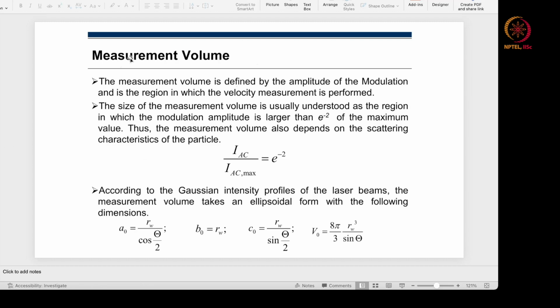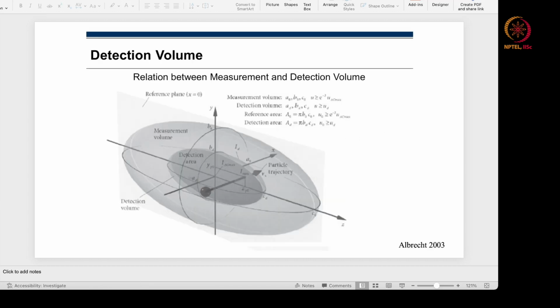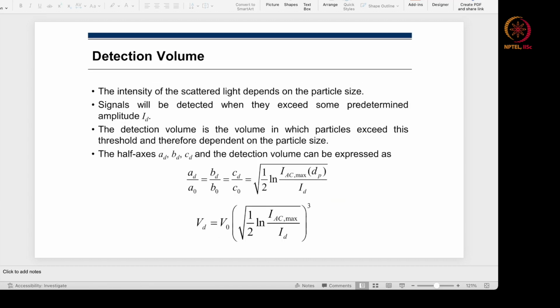So the measurement volume is defined by the amplitude at which the velocity is measured. This is the detection volume, and this is how it is calculated. It depends on the scattering. The actual detection volume is smaller than this, just because of the way we have chosen the predetermined threshold.